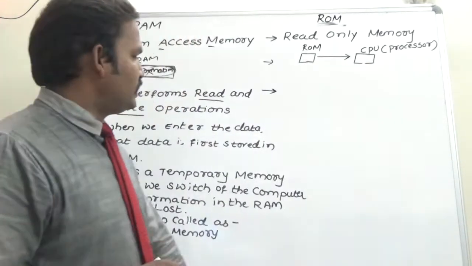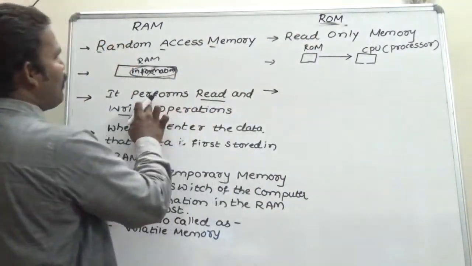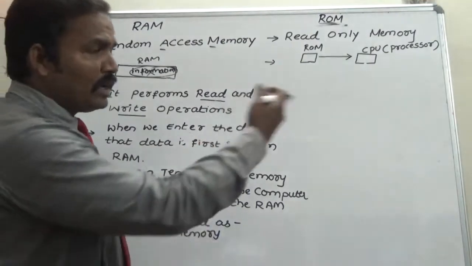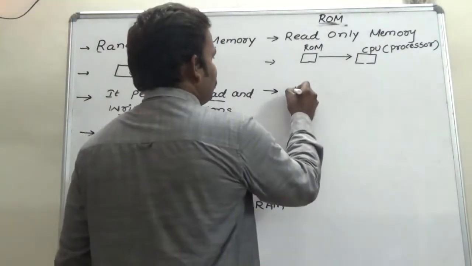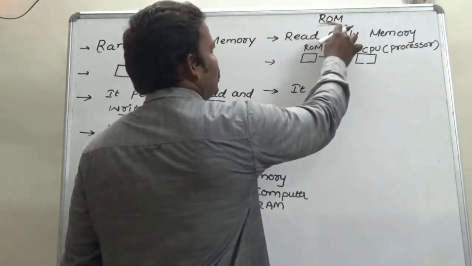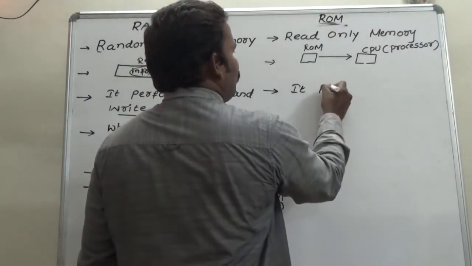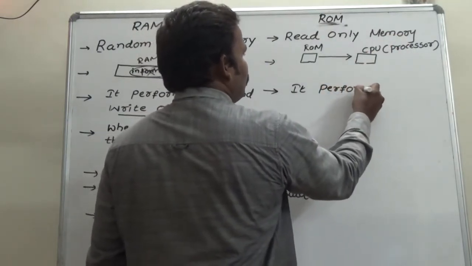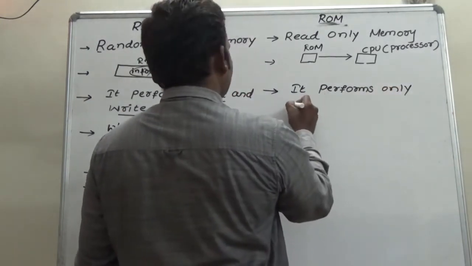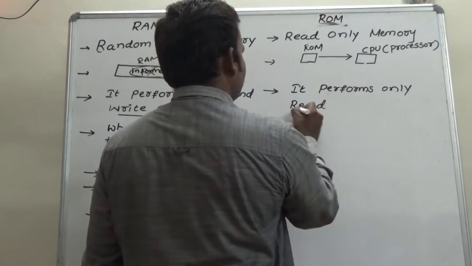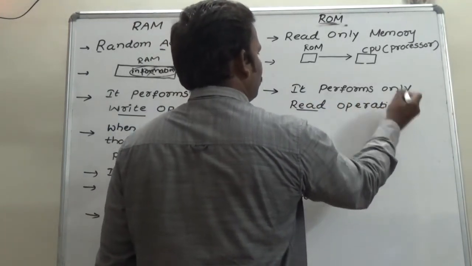Next, RAM performs read and write operations. What about ROM? ROM performs only read operation. As the name indicates, ROM is read only memory. It performs only read operation. It can't perform write operation.